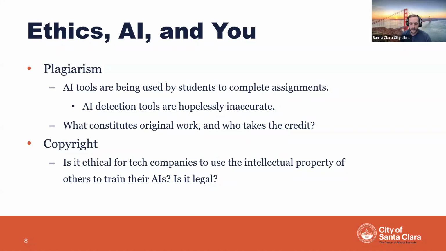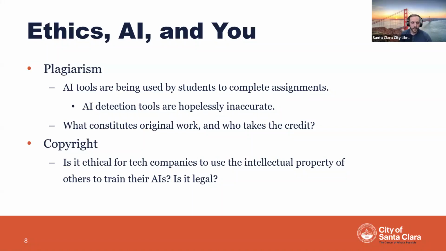So that could mean that students who don't use ChatGPT at all, who don't use AI at all for their assignments, can be accused of that. And it means that students who do might get away with it. I've heard that those detection tools can have as low as a 50% actual rate of being correct, which is no better than flipping a coin.